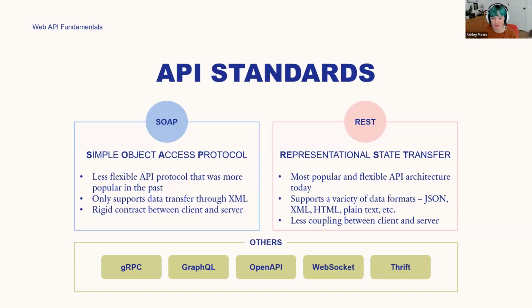Everybody uses Google. And that would be my first place to start, honestly. So one thing that you'll see in the first Google results of which API do I use is SOAP versus REST.